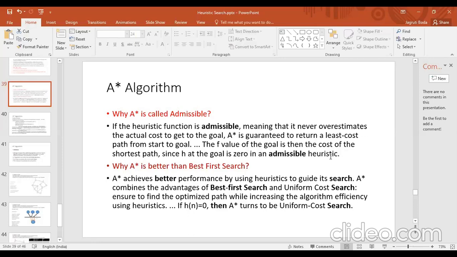So A-star algorithm provides the advantages of best first search plus one more feature, that is uniform cost search, g of n plus h of n. Already we saw in BFS we calculate the h of n value, that is the heuristic value. But here one more parameter is added, that is the uniform cost search. Okay, so this provides better accuracy plus optimality. So A-star is a better algorithm than BFS.